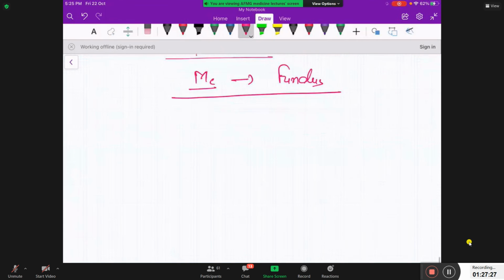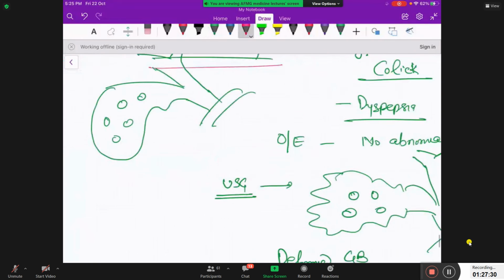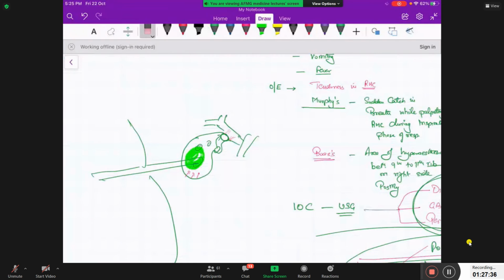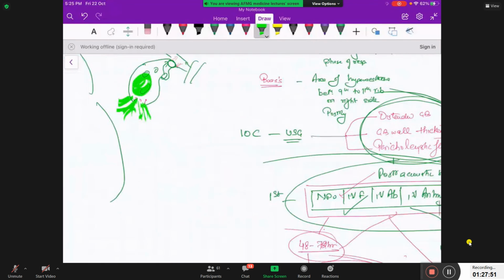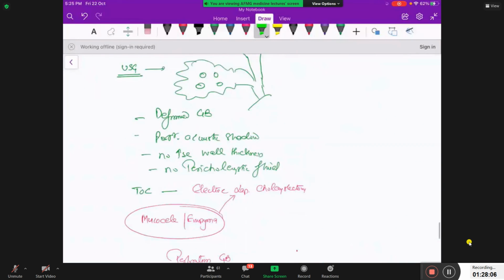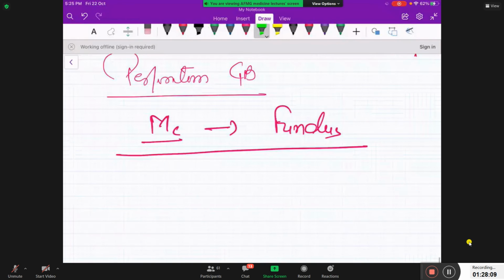And this is a gallbladder which got perforated at fundus. So now, how is a patient of gallbladder perforation going to present to us? Pruritus? The patient will present to us.